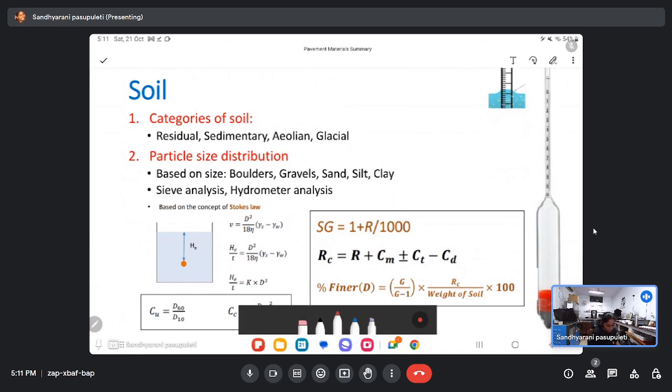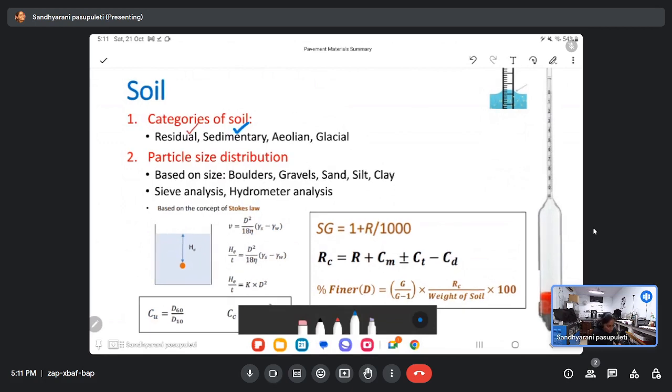The disintegration of rocks could be at one place, or it could be transported to some other place, and during this transportation it can be transported through air, or through water, or through snow. So there are various modes of transportation.